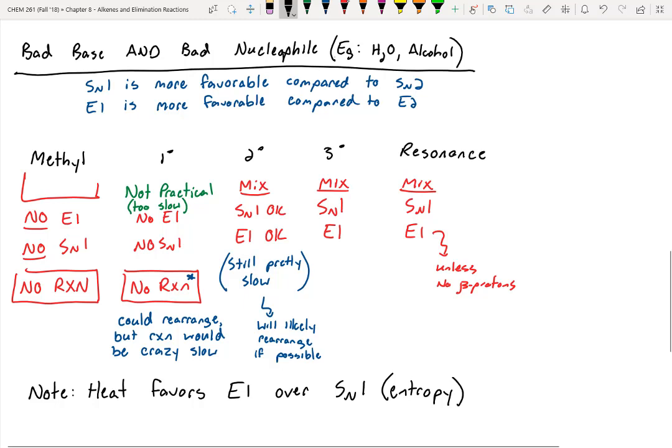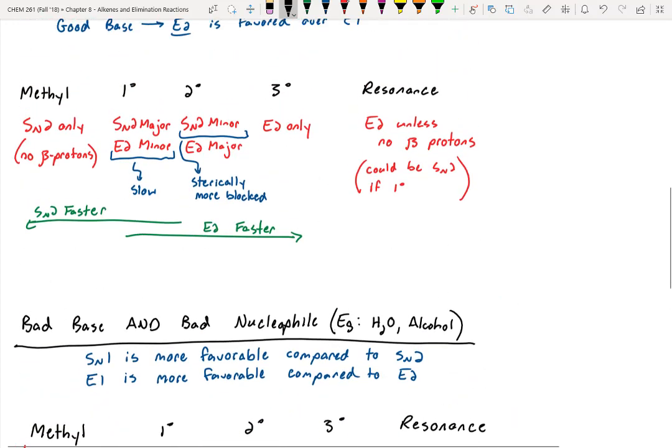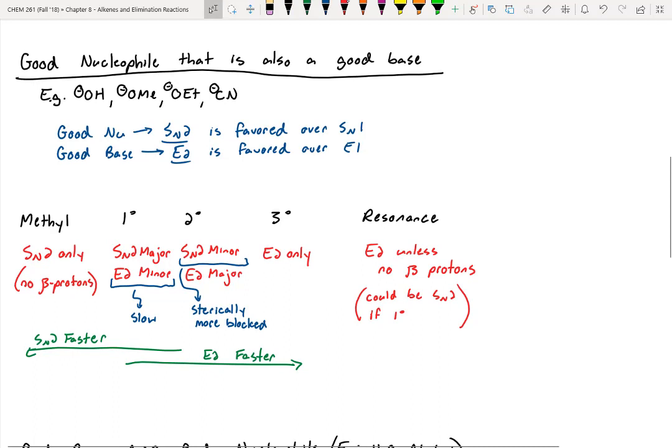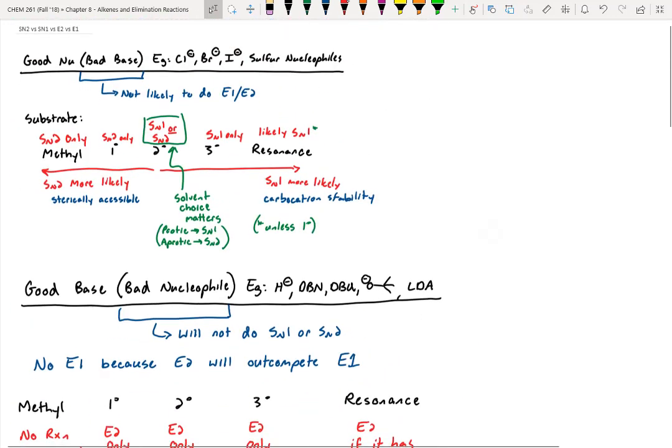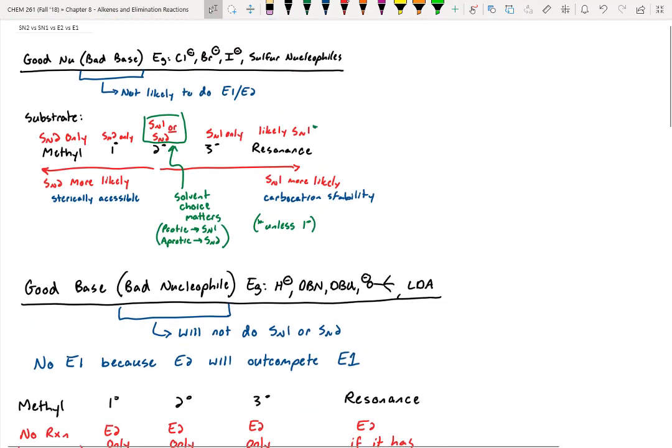So for SN1 reactions, the nucleophile doesn't matter. So how come before when it was a good nucleophile and a bad base, E1 reactions could happen? So you're talking about a good nucleophile that's also a good base? No, a good nucleophile and a bad base. Yeah, so for tertiary and resonance, why couldn't you have?